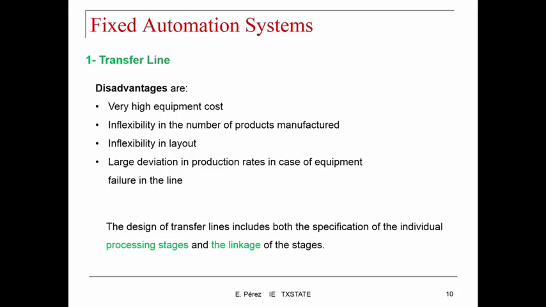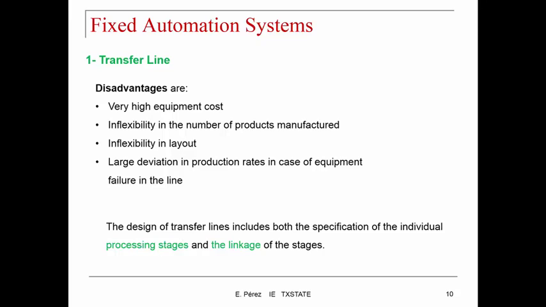Some of the disadvantages of this type of manufacturing system are a very high equipment cost, inflexibility in the number of products manufactured, and inflexibility in the layout. Again, you have a highly automated manufacturing process, which is programmed to perform the same operation on your product.